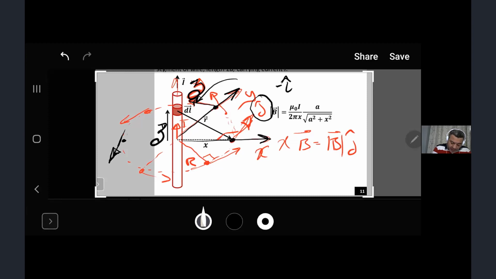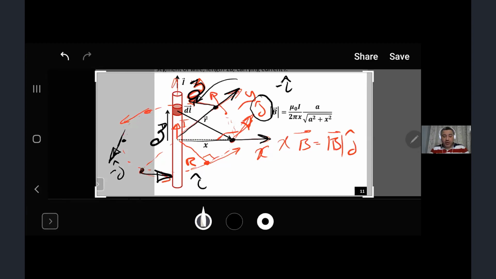It will be minus j. If it's here along the negative y-axis, it will be plus i, and so on.